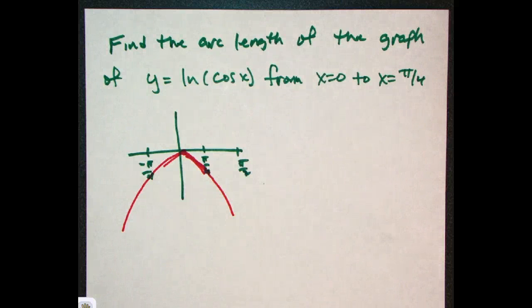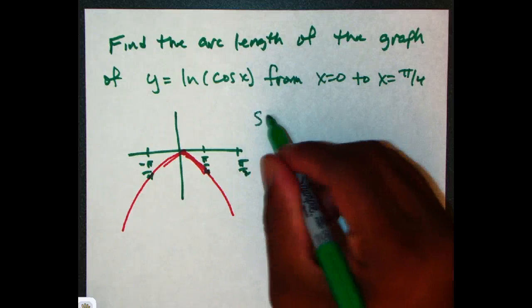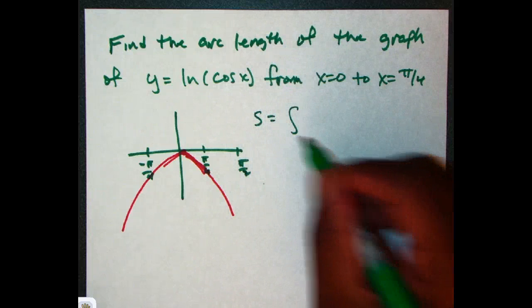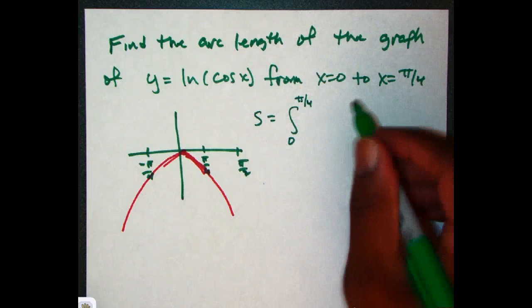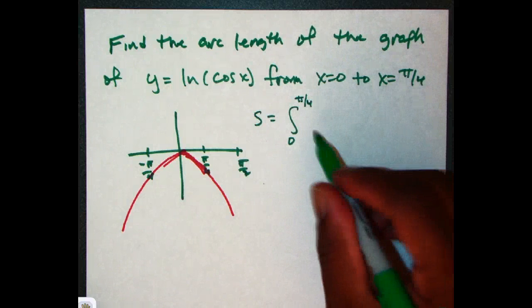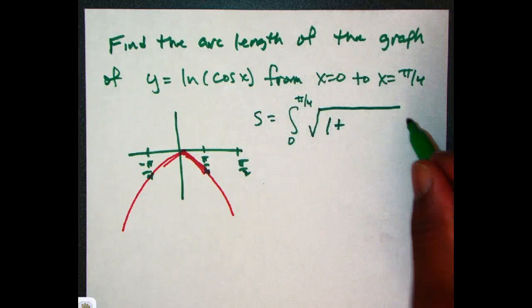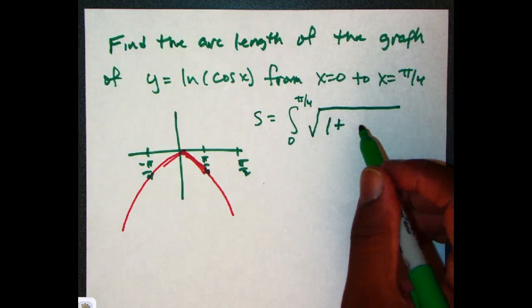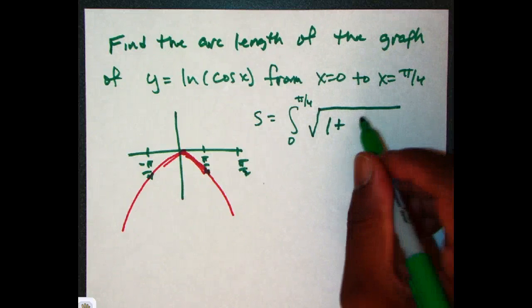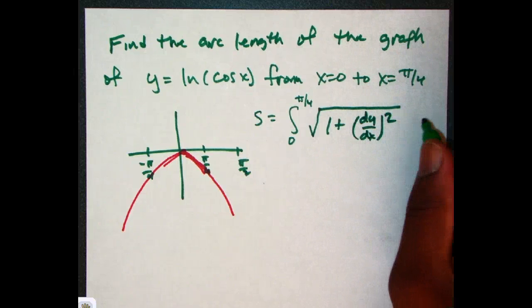So we know we need dy dx. So s is equal to the integral from 0 to pi over 4 of square root of 1 plus, now we're going to need f prime of x, or dy dx squared, and then dx.